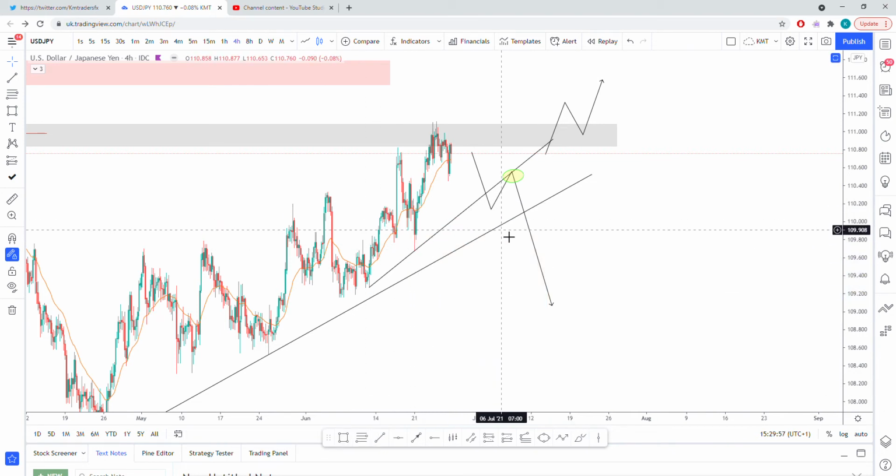So like I said, you don't have to trade every single setup that we mentioned. This is the beauty of trading. You just take the trades that are setting up in the best possible scenario.